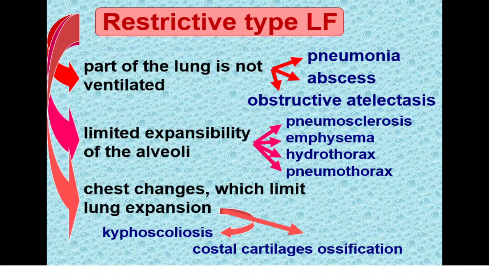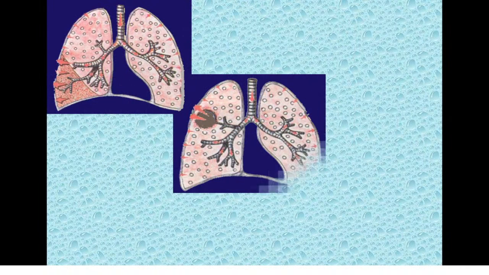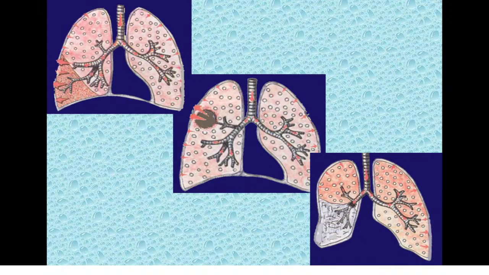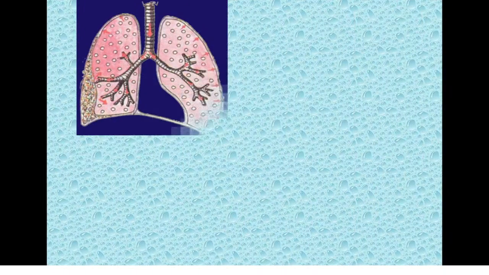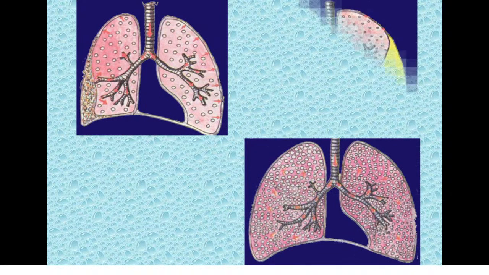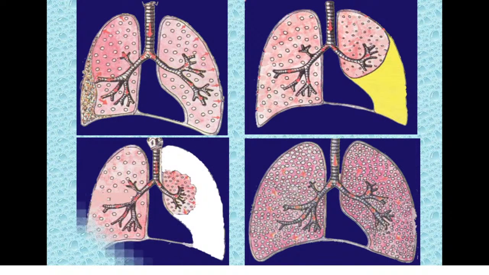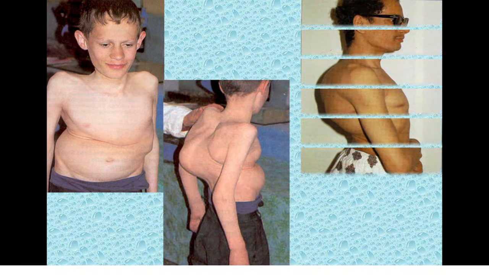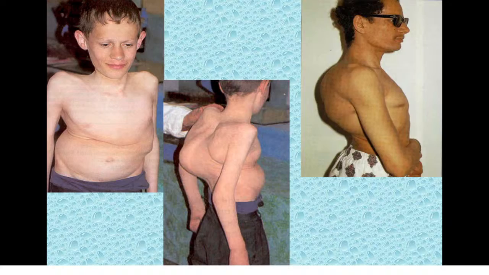A restrictive type, no adequate expansion of the lung due to decreased its elasticity, due to affection of alveoli or due to outside restriction. You see lobar pneumonia, lung abscess, obstructive atelectasis, hydro and pneumothorax and emphysema. And deformation of the chest due to any pathology of spinal cord and bones.